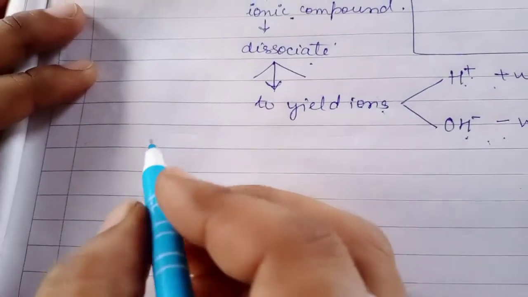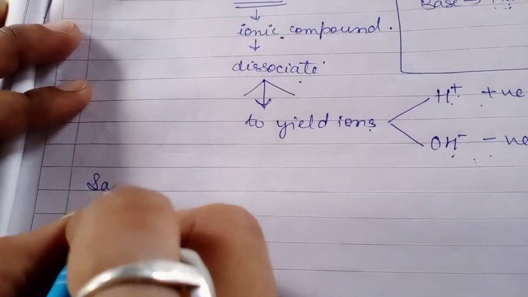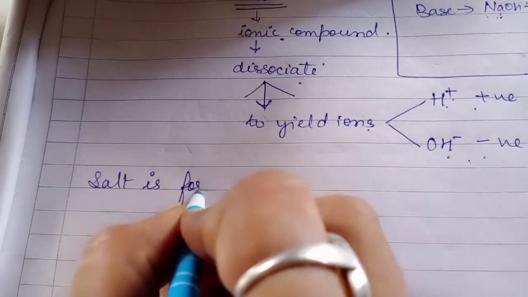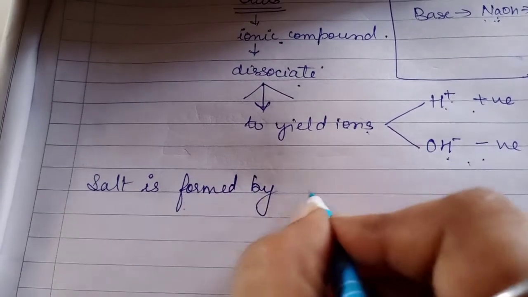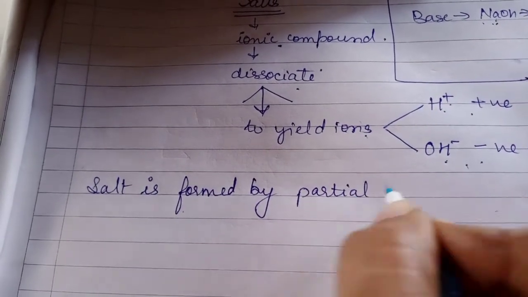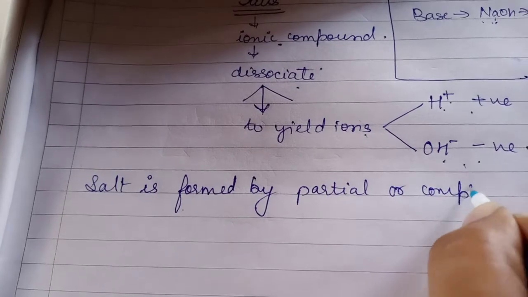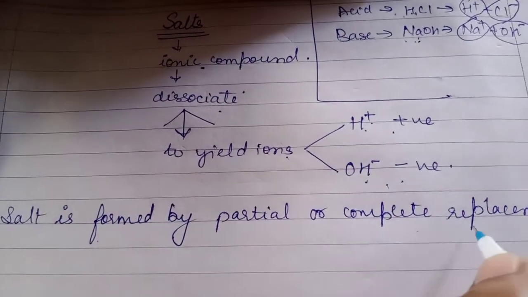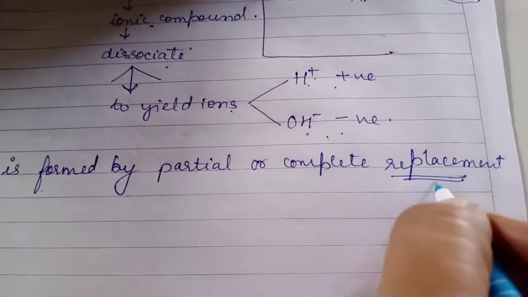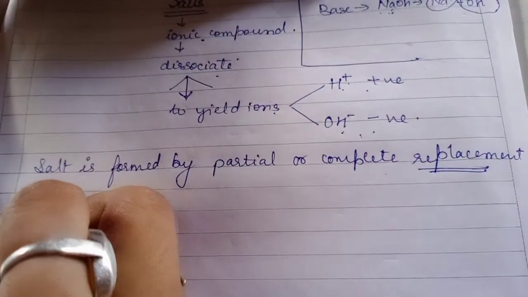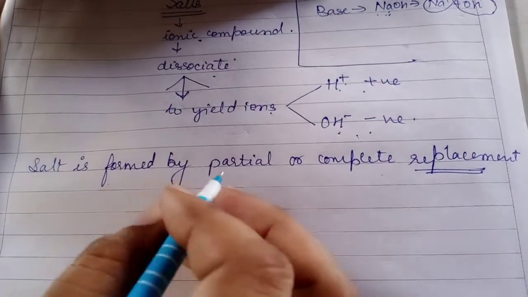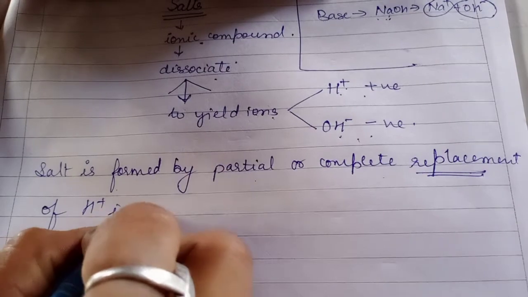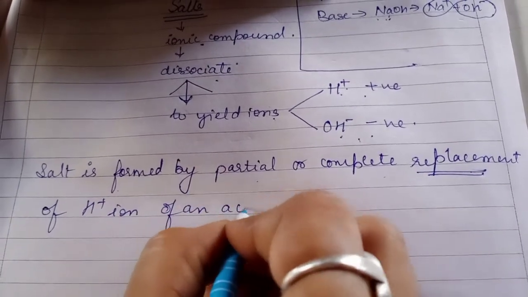Salt is formed by partial or complete replacement of the hydrogen ion of an acid.